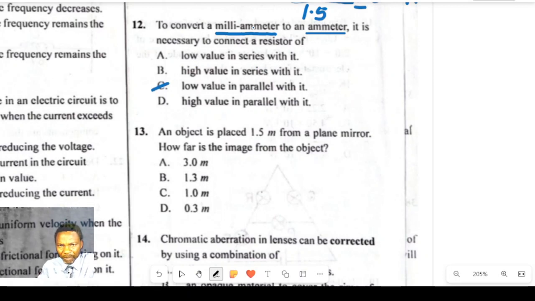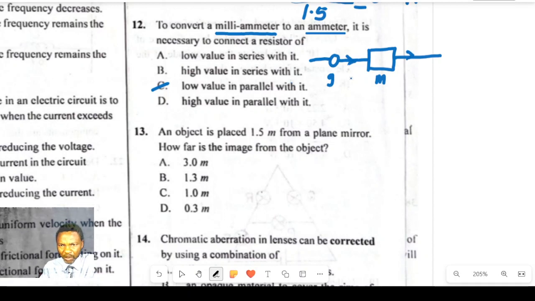Then to convert a galvanometer to a voltmeter, you connect a high resistance called a multiplier in series with it. So this is the multiplier, and then this is the galvanometer. You connect them in series and the same current flows through them.